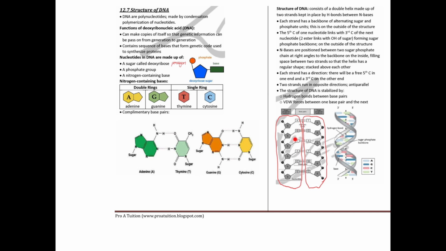And if you have thymine, you pair up with adenine, and cytosine with guanine. So A must pair up with T, or the other way around, T with A. G must pair up with C, or the other way around, C with G. They have to pair up in that way.